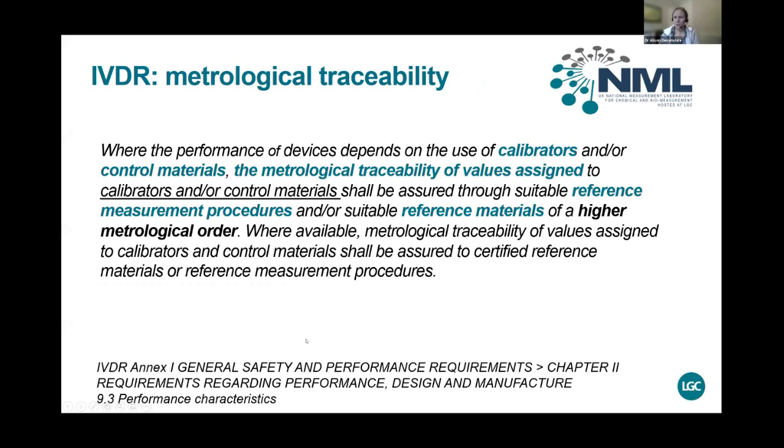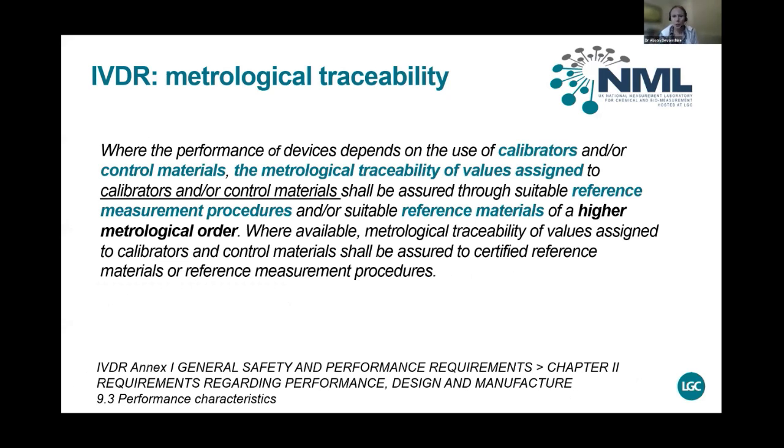So within the IVD regulation, this stipulates that where the performance of devices depends on the use of calibrators or control materials, then the metrological traceability of these values is assigned through suitable reference measurement procedures or reference materials of higher metrological order.